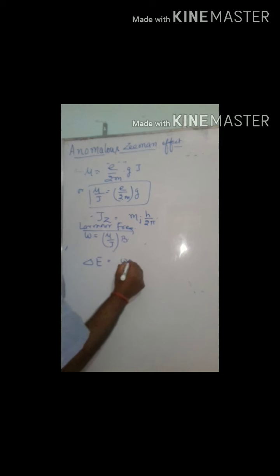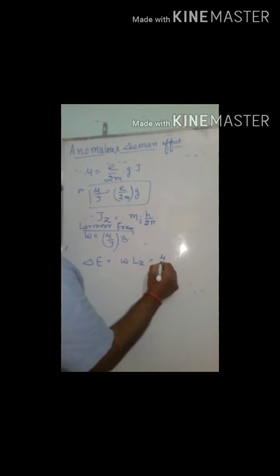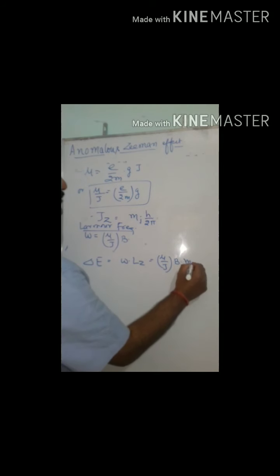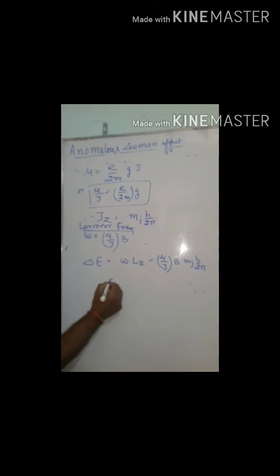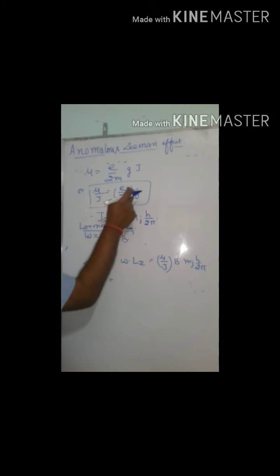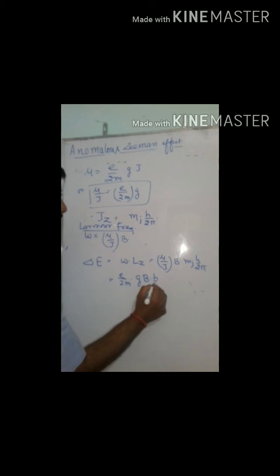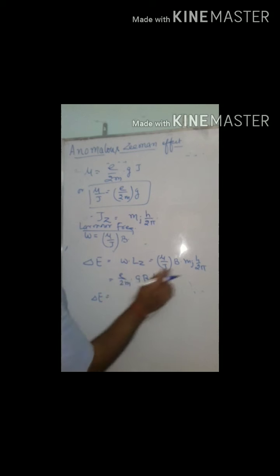That is omega into Lz, and that comes out to be mu upon J into B into mj into h upon 2 pi, or delta E is equal to mu J upon B is E upon 2m into G, so E upon 2m into G into B into h upon 2 pi, or delta E now depends on what? mj also.